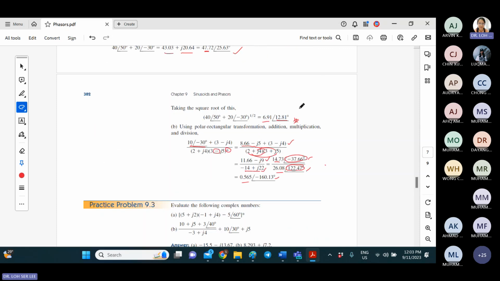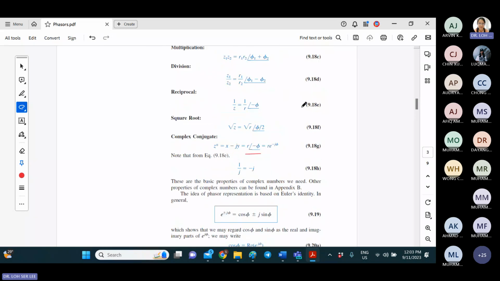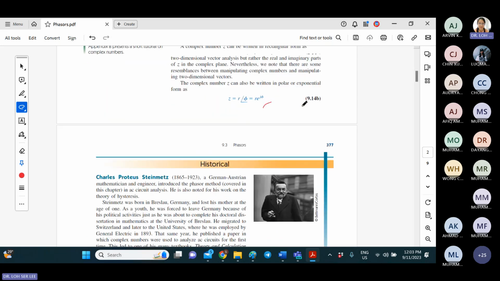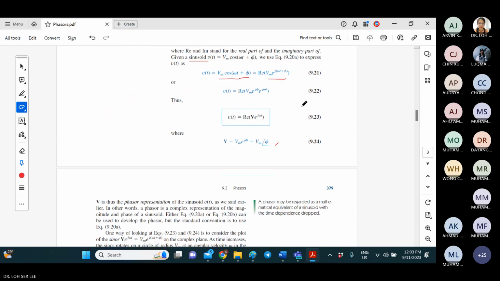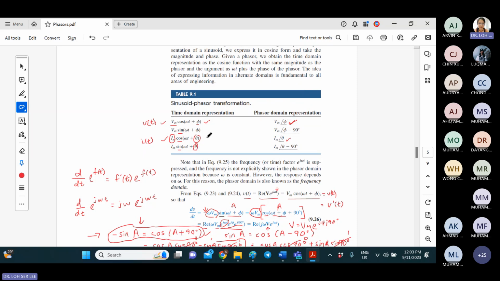If you can't remember, I show you again the table. Where is the table? This one. When you have cos, we just take this, not Vm, Im. This is i, so Im. We just take Im and this theta to form this.